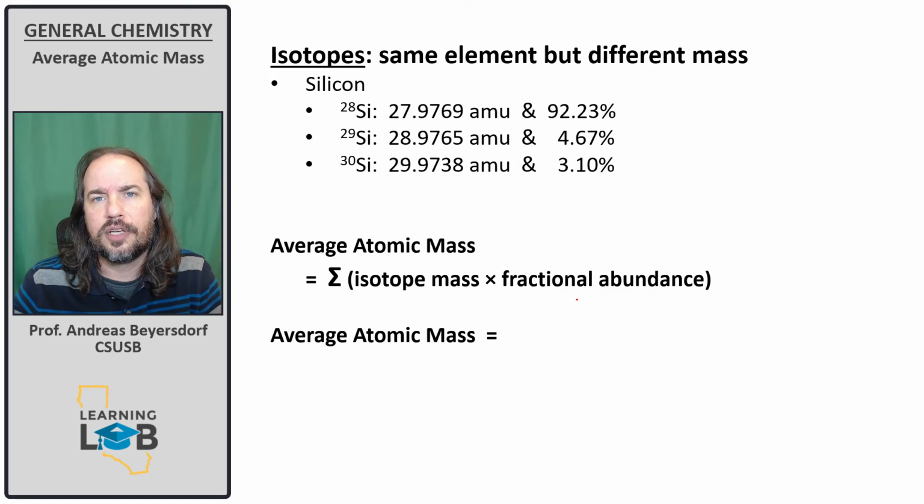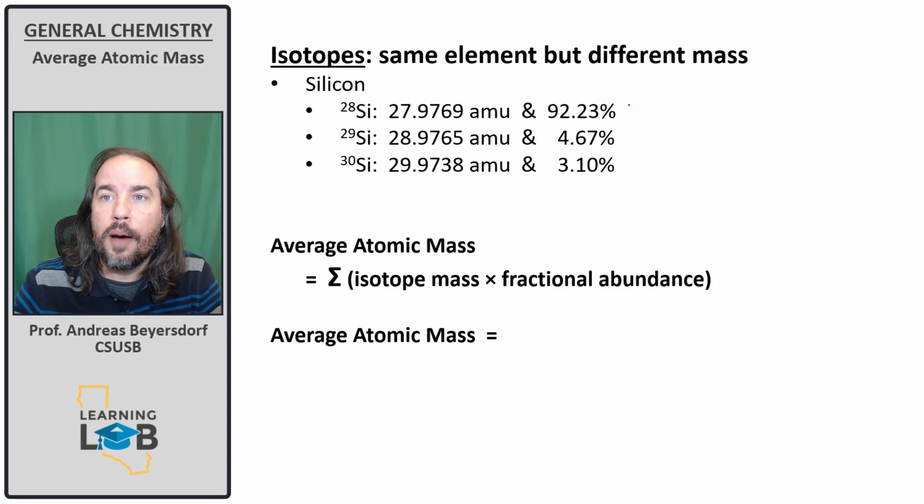Let's look at this if, let's say, we had silicon, which has 3 isotopes. It has silicon 28, 29, and then 30. Silicon 28 is the one that's the majority, but notice if we added up these 3 different abundances, we'd still get 100%.